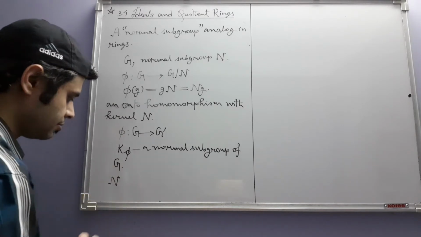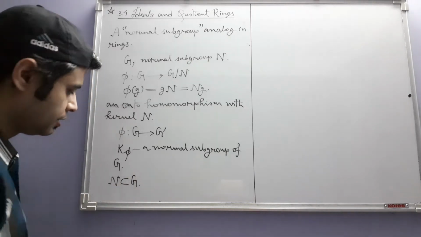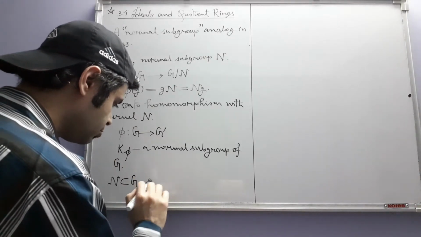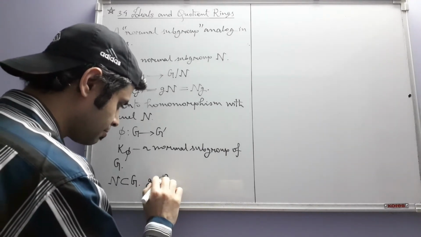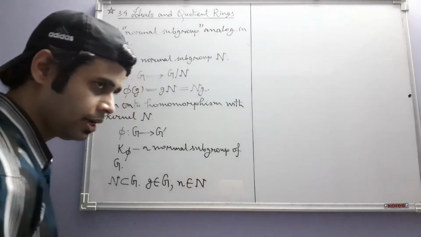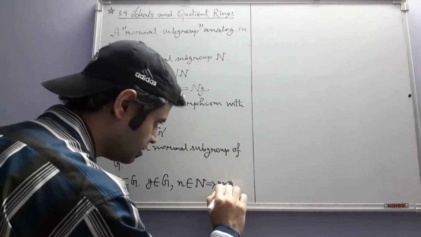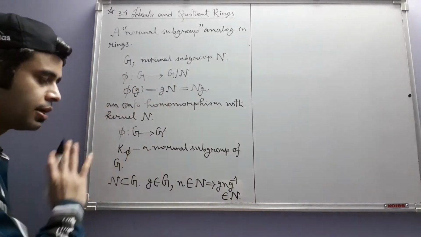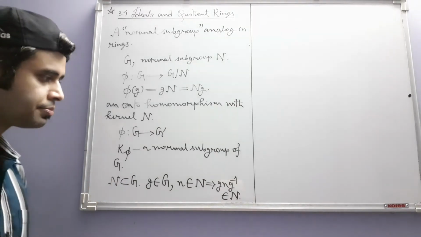If we have a subgroup N of some group G, then N is said to be a normal subgroup if we choose any element g from the group G and any element n from the subgroup N, then this implies g n g inverse again belongs to N. This is the definition of a normal subgroup.